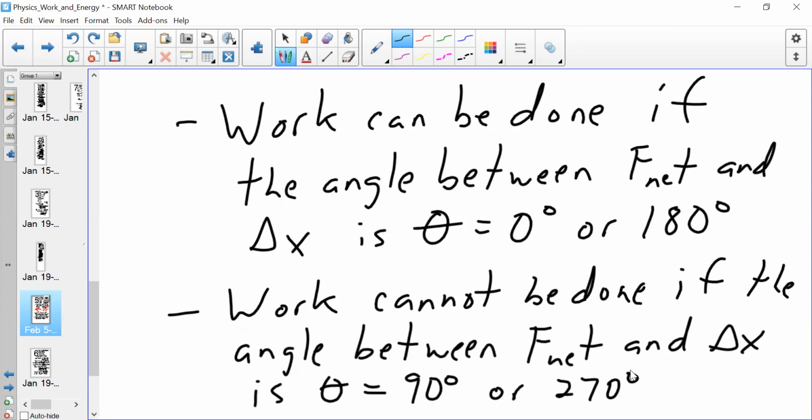Cosine 0, 1, cosine 180, -1, cosine of 90, 0, cosine 270, 0. So that's really why, mathematically speaking, you cannot have work at 90 and 270 and why you can have it at 0 or 180.